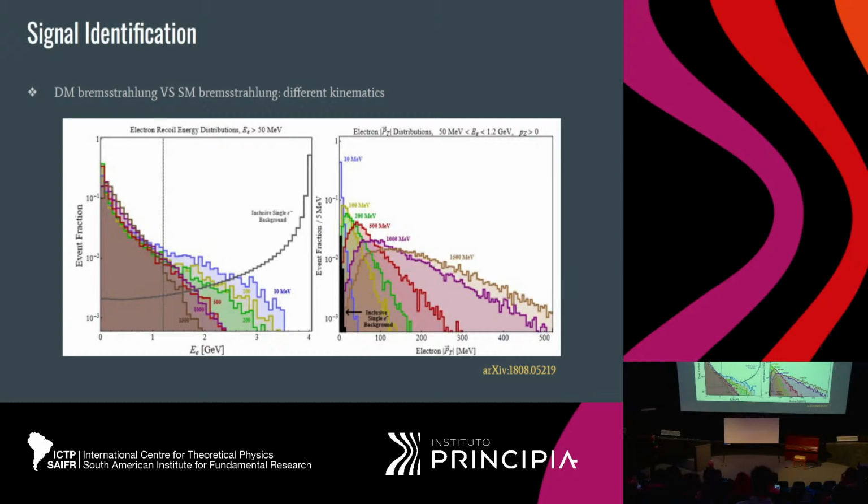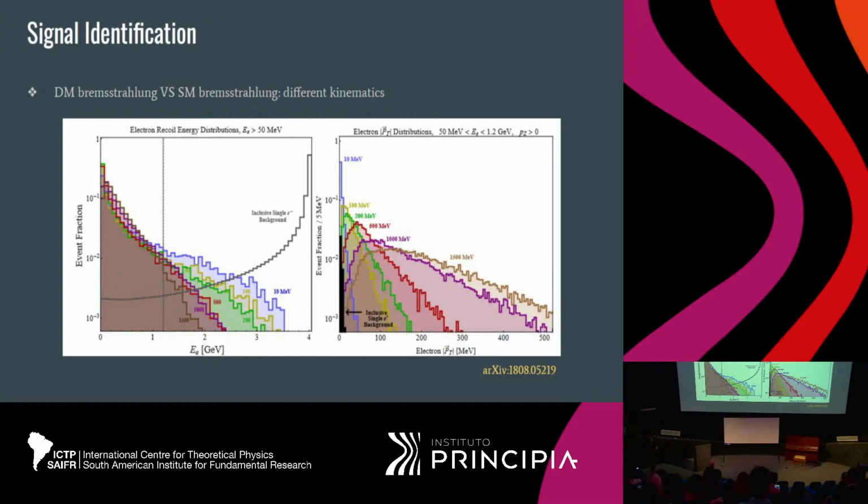So an electron scattered via regular Bremsstrahlung has a distribution. And as you can see, for all the masses, there are important regions of this plot that are in common between the two processes, which means that whatever cut you place on the recoil energy of the electron, you will have some background from, for example, a reactive process such as Bremsstrahlung. Obviously, providing that you don't see the photon, but this is just a conservative idea.